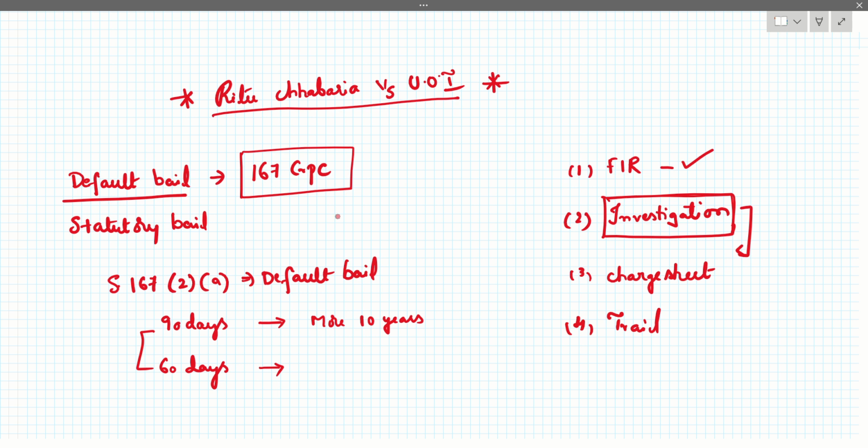In that case, the maximum period that an accused can be kept in custody in the name of investigation will be up to 90 days.